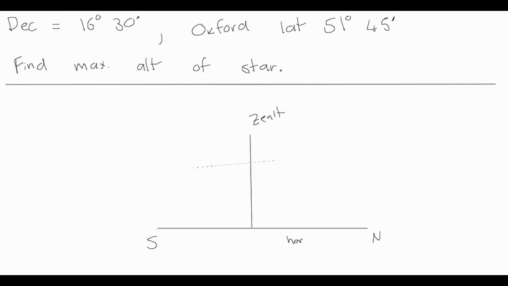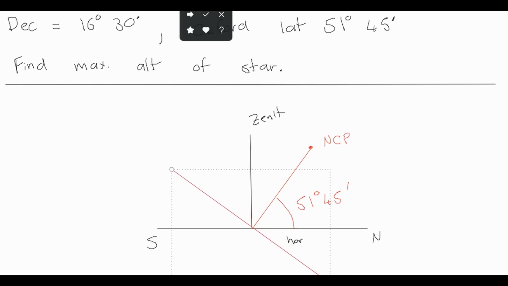So this time our latitude is 51 degrees 45 arc minutes. So our north celestial pole is 51 degrees 45 arc minutes above the horizon. 51:45. We now draw in our celestial equator, which is at 90 degrees to the north celestial pole.